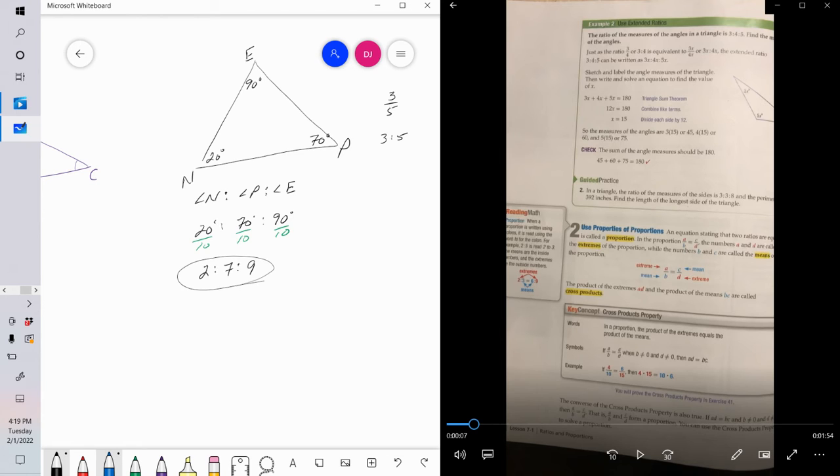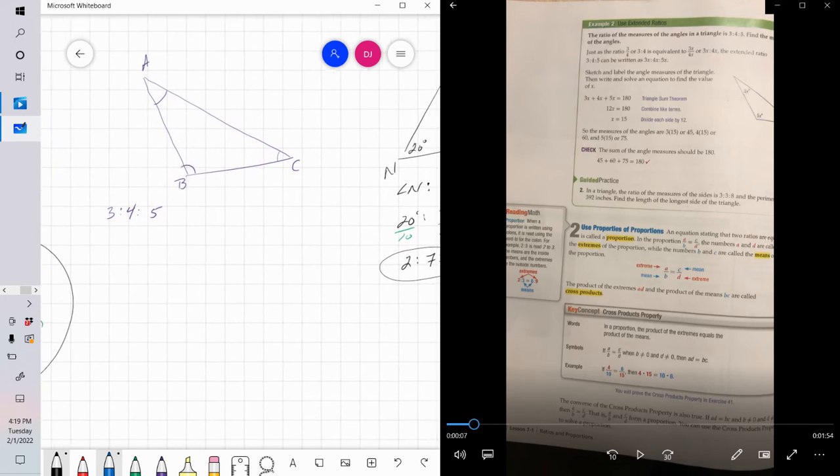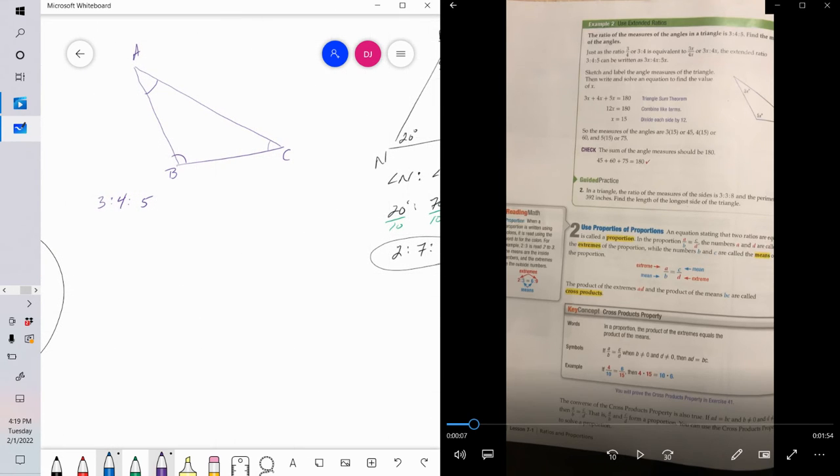Okay, so let's go back to this example 2. If the angles are in the ratio of 3 to 4 to 5 for angle A, angle B, and angle C, we'll see how good my picture is. That means that I divided 3, 4, and 5 all by the same value, right?